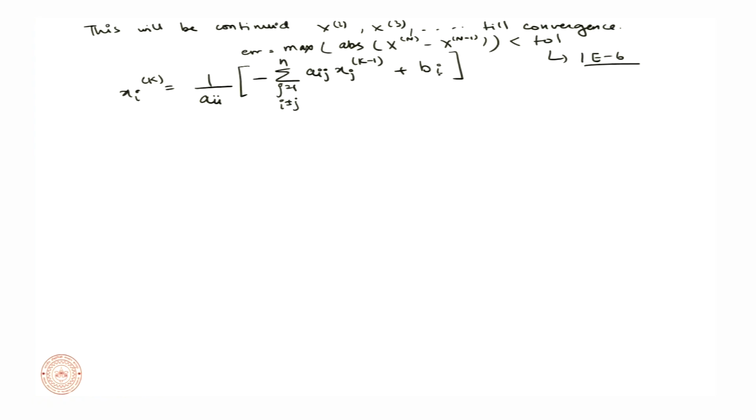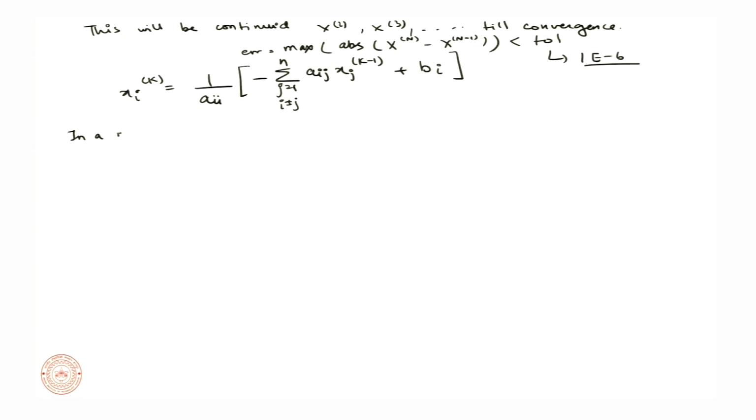Okay, so let's see what we did. So we have this k minus 1 term. We will be summing over all the aij values except for i not equals to j, right. So if i is equals to j, in that case we will not consider. Apart from that, we will take all these values.